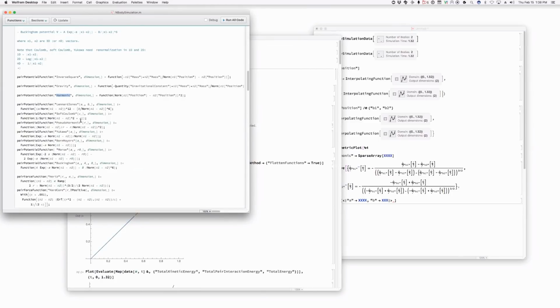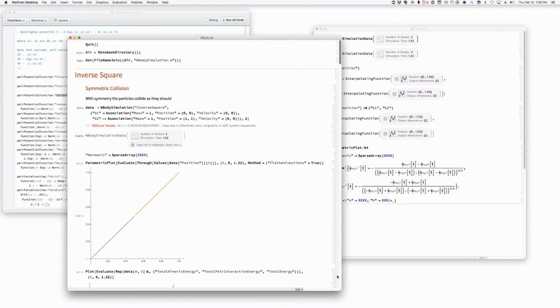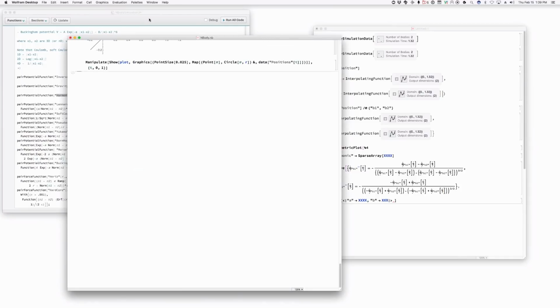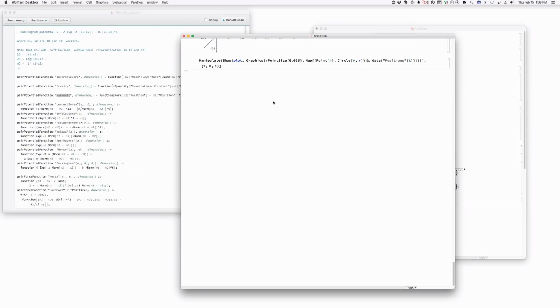But by the way, why are you saying soft Coulomb? Why isn't there just a Coulomb potential here? Because that's what Michael gave me. Coulomb is the same as inverse square, but it has a charge. So it's a cosmetic difference, right? I'm suggesting that we have one called Coulomb that, instead of having a mass, has a charge.